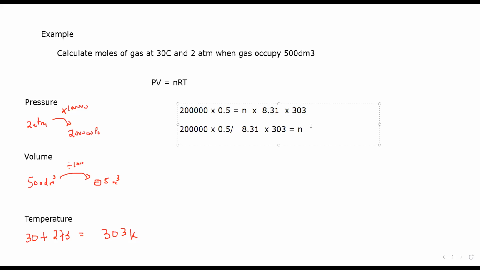What's the final answer for the moles? 200,000 multiplied by 0.5 is 100,000, and 100,000 divided by the product of 8.31 into 303. You will get 39.15 mole.